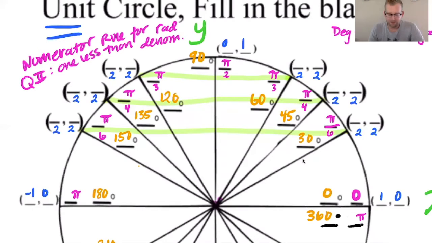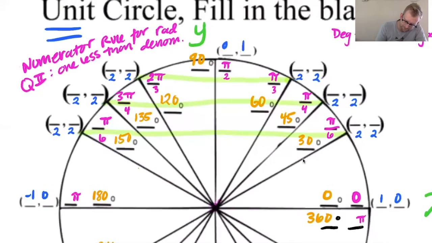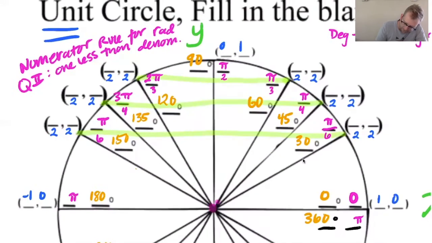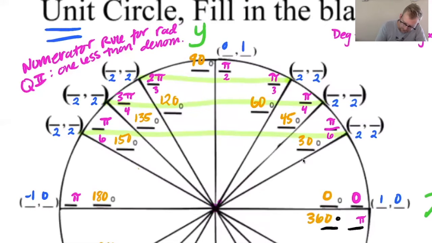Okay, so 1 less than 3 is 2. 1 less than 4 is 3. And 1 less than 6 is 5. Okay, and then a half revolution around the unit circle is just pi units or 180 degrees.